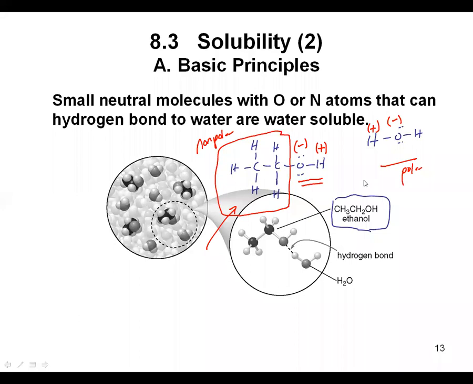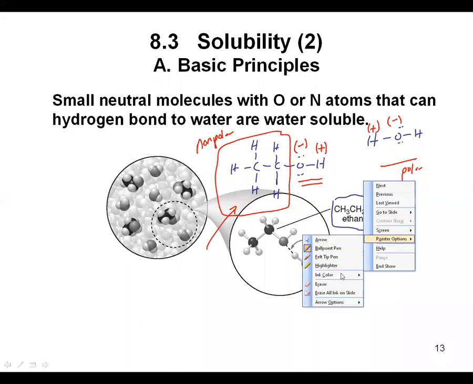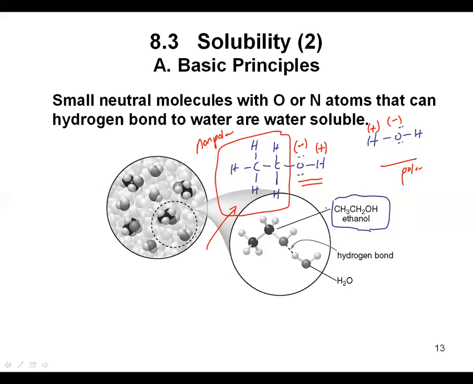The oxygen in methanol is able to hydrogen bond with the hydrogen over here in water, and we make our hydrogen bond between those two. Because they have that little bit of interaction, that makes something like ethanol soluble in water, because it does have that OH group.